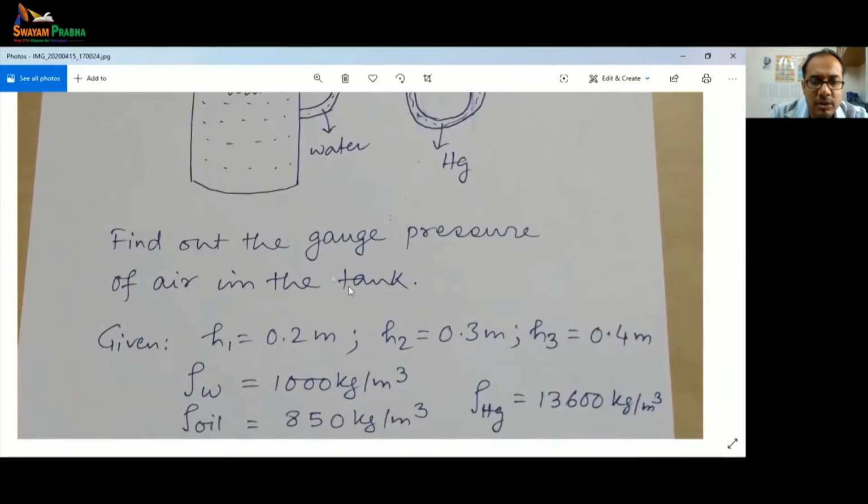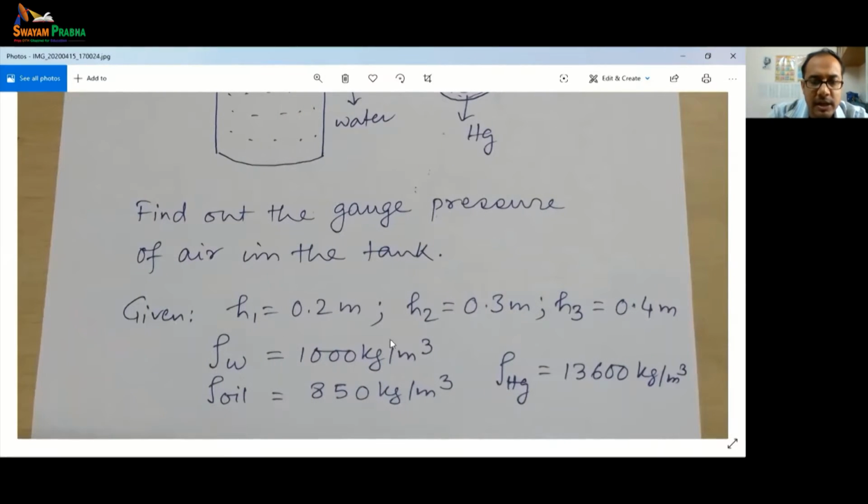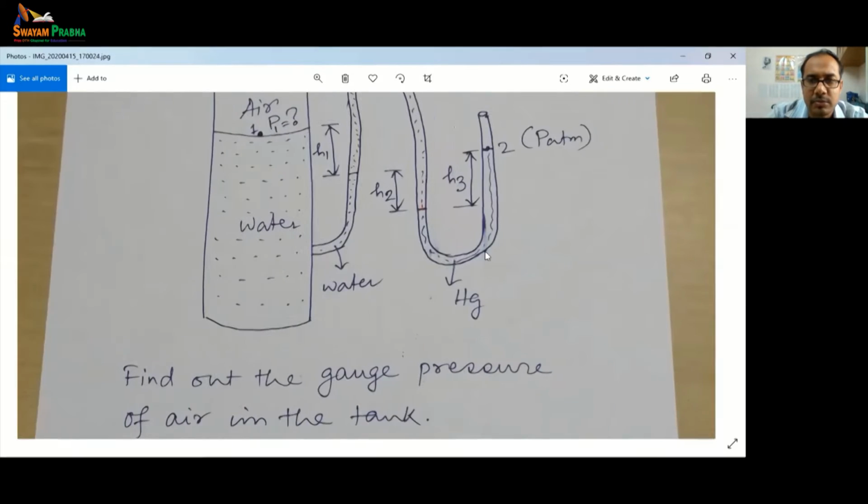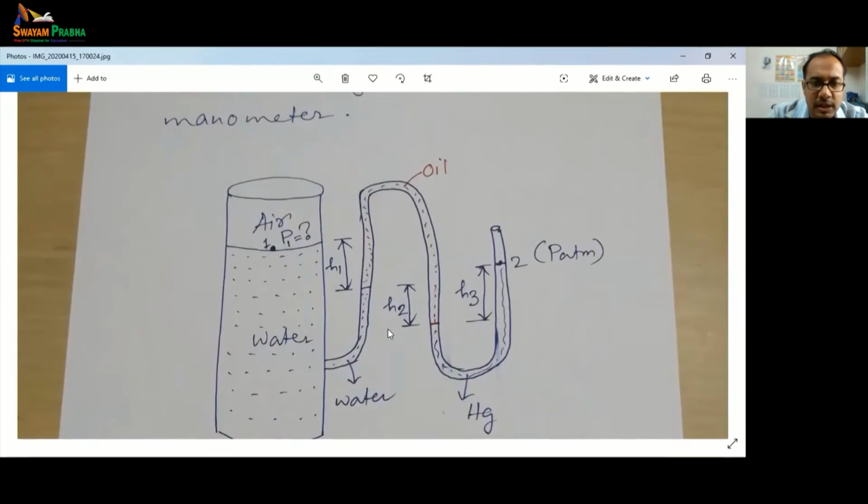We are given all these different column heights, H1, H2, H3, and different densities. For water, it is 1000 kg per meter cube. For the oil that is used here, the density is 850 kg per meter cube, and for mercury it is 13,600 kg per meter cube. So the important column heights are given here.